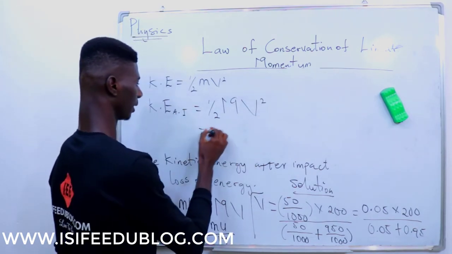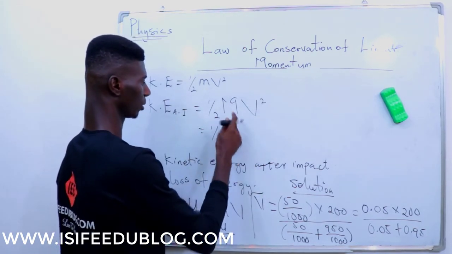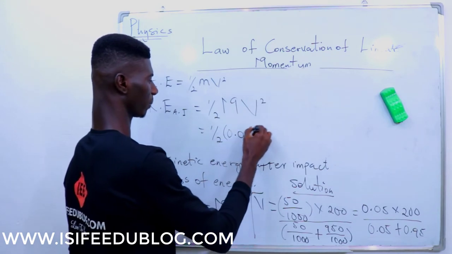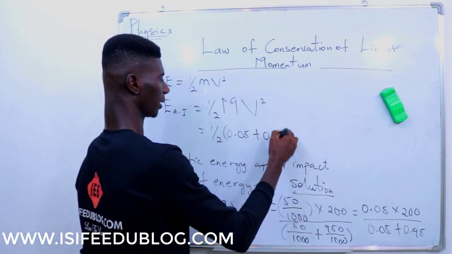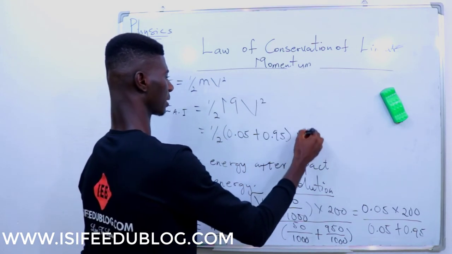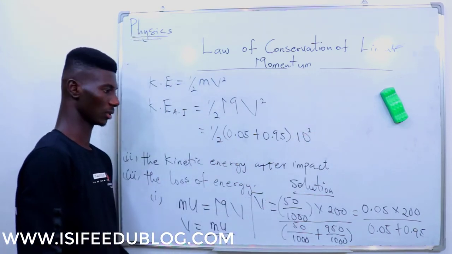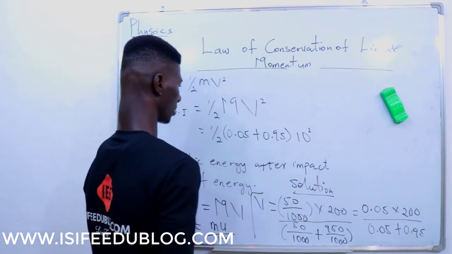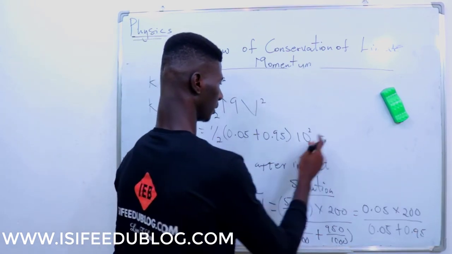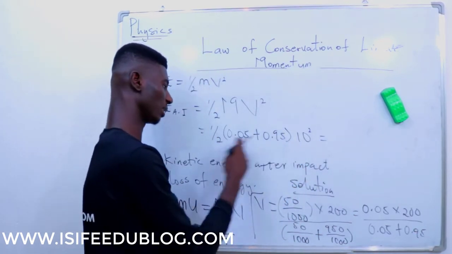So what we have now is half into 0.05 plus 0.95 times 10 squared. 10 squared is 100, divided by 2.